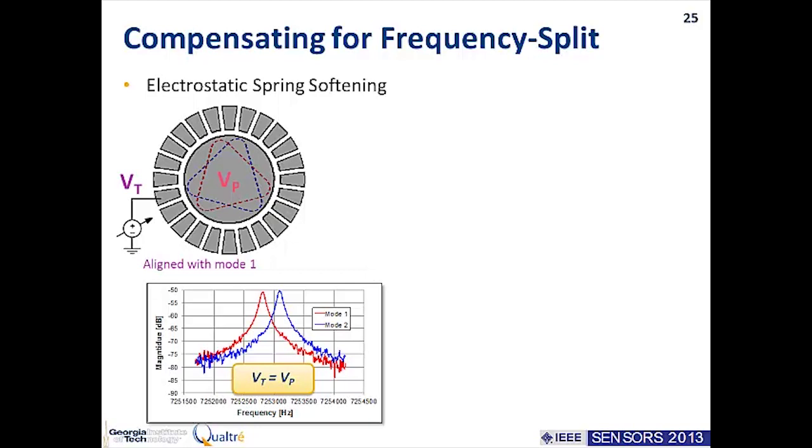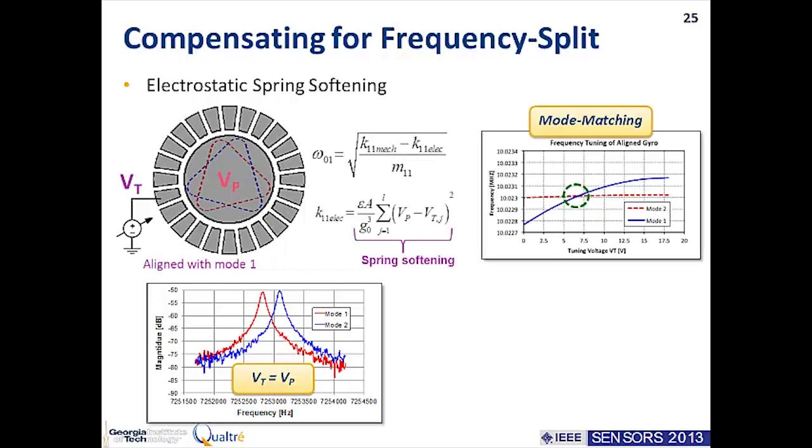But in general terms, what you do is basically you apply a voltage in one of the electrodes aligned with one of the modes. So what that creates is an effective change in stiffness. So now the frequency of the mode that is aligned with that electrode is no longer just your K mechanical over your effective mass, but you have this additional component that is a K electrical, and that is a function of the polarization voltage of the disk minus the voltage applied to the electrode.